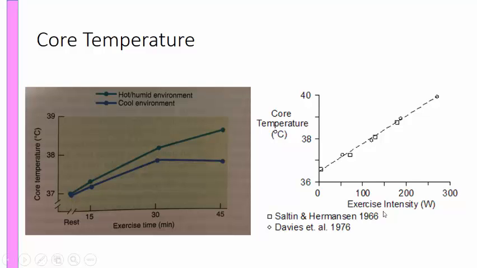If we look at core temperature with increasing exercise intensity, with exercise intensity on the x-axis and core temperature on the y-axis, you can see we have a linear increase in core temperature. As we are exercising at higher intensities, our metabolic rate is increasing, so we will be producing more heat, which is going to increase our core body temperature.